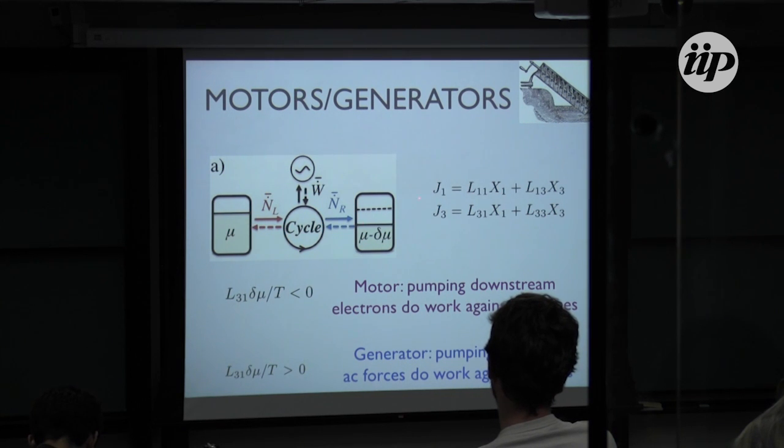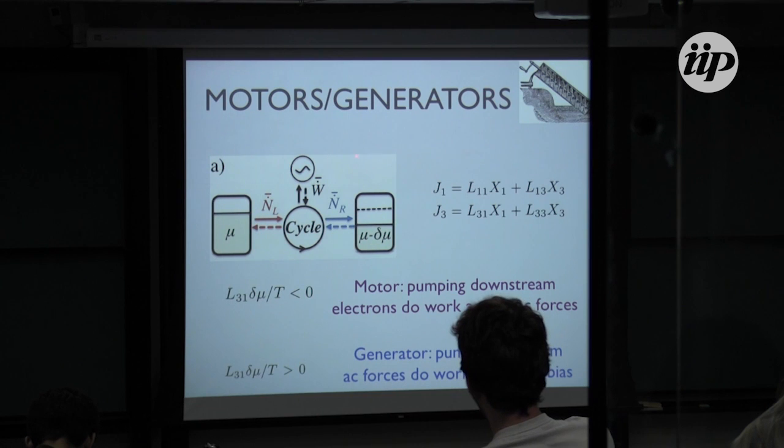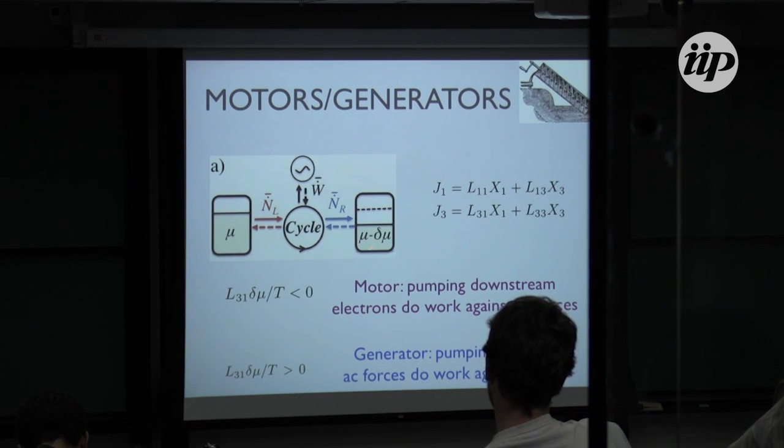This is similar to the case of the water flowing. And in this case, we can generate work against the AC driving forces. The other way around, when we apply a network with the AC driving forces, we have a generator and we pump electrons from the lower chemical potential to the upper one.